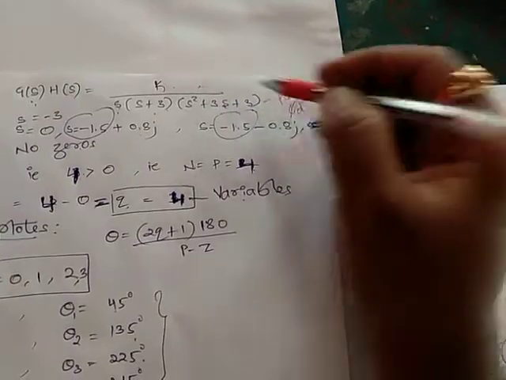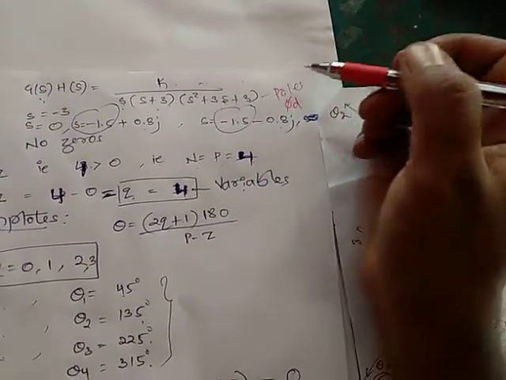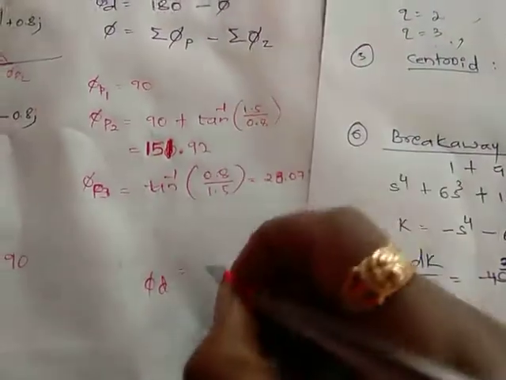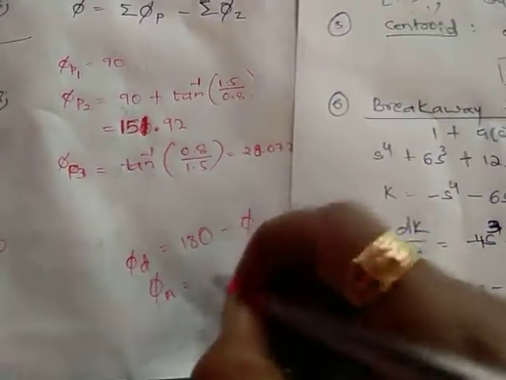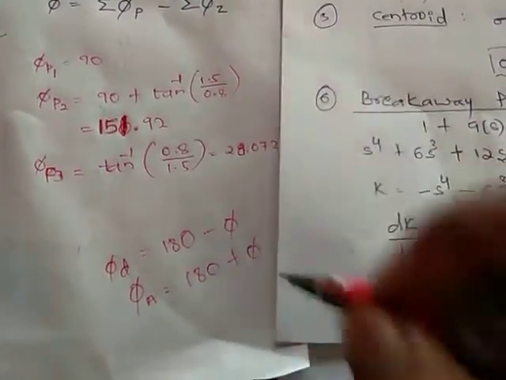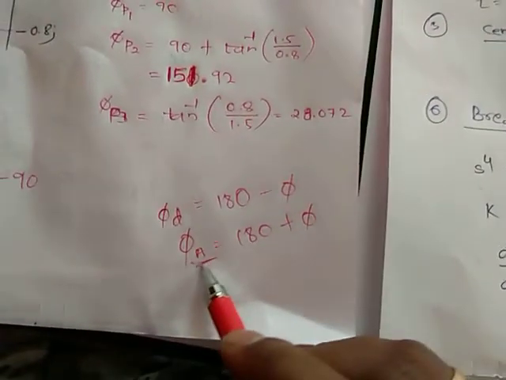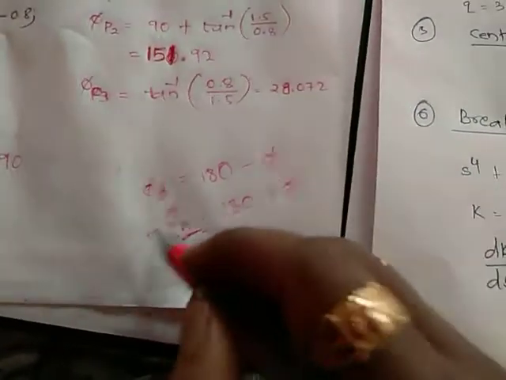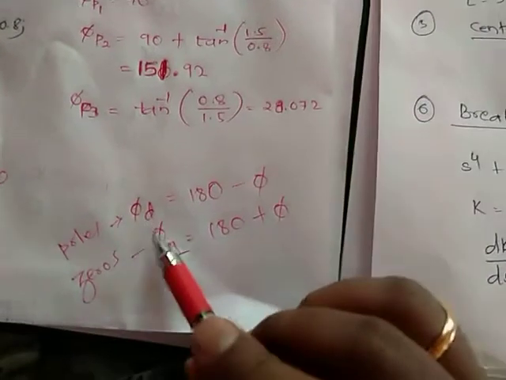So the difference between phi d and phi a is phi d equals 180 minus phi, where phi a equals 180 plus phi. Only this is the difference. Okay, so phi a means when complex root is existing in zeros, and when complex root is existing in poles, then phi d.